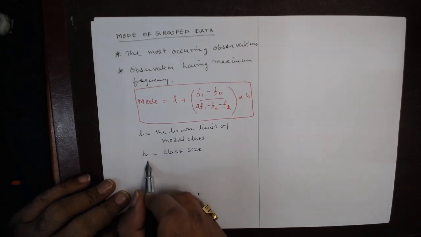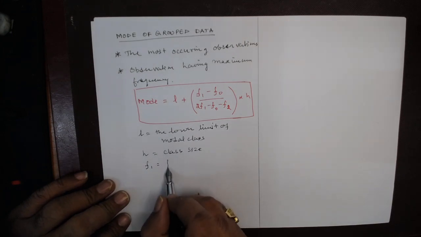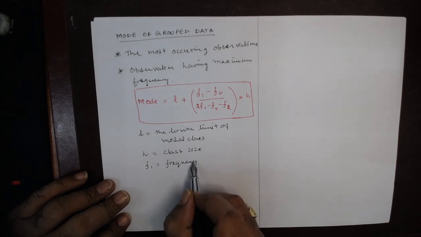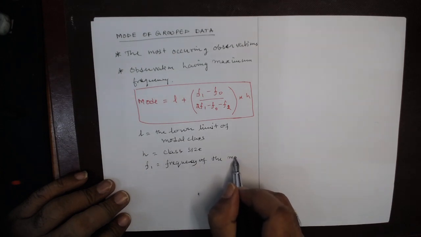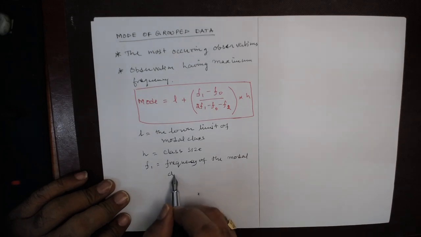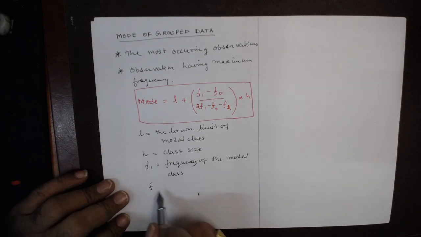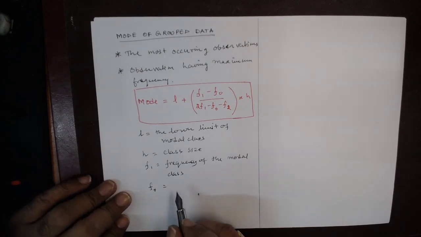F1 is the frequency of the modal class. F naught is the frequency of the preceding modal class.